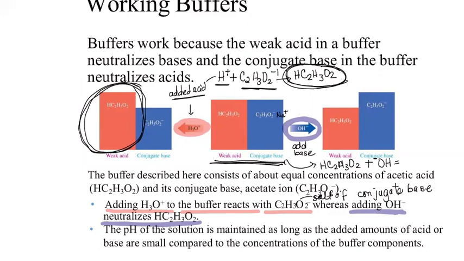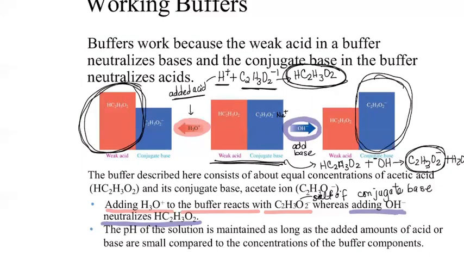So we are going to make C2H3O2 minus plus water. Since we are making this, that's why we have an increase in the concentration of conjugate base. Put a 4 in the chat if the case of the base makes sense. Put a 5 in the chat if I need to repeat this.